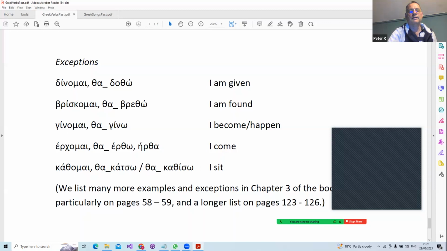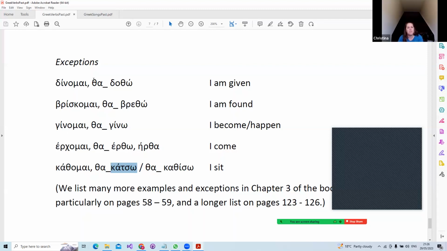Kathome, I sit. So katse, you probably know, to tell someone to sit down. So that's coming from here, katse, with the e ending on it. How do you tell someone to sit down? Katse. This is the one-person friendly form, if somebody comes to your house and it's your friend.